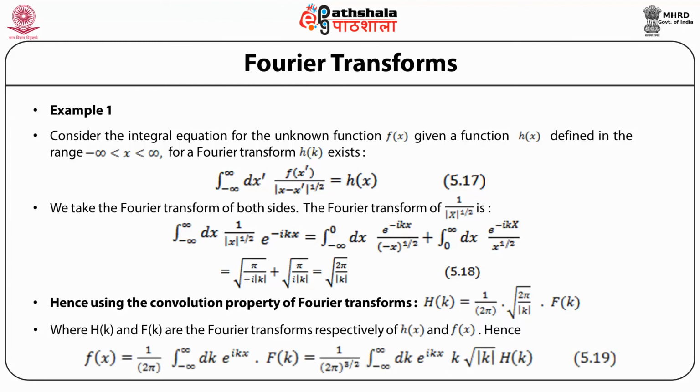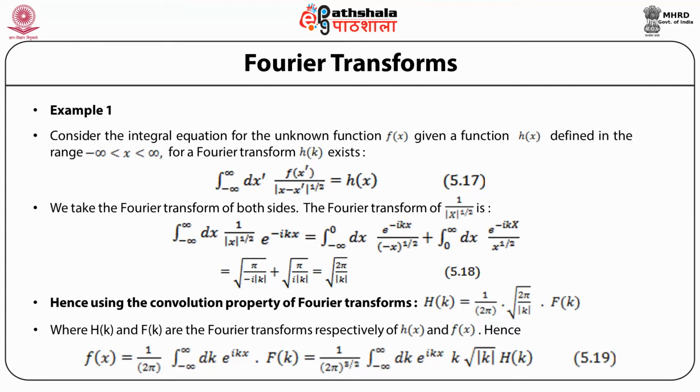f(x) can be obtained as the inverse Fourier transform of f(k), by noting that f of x is 1 upon 2 pi, the integral from minus infinity to infinity over dk of e to the power ikx and f(k).